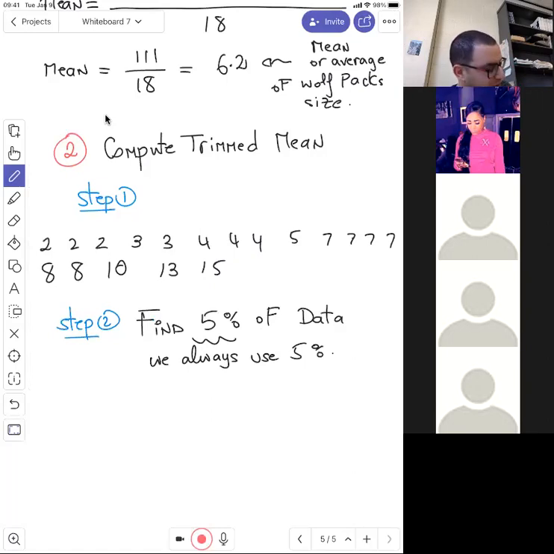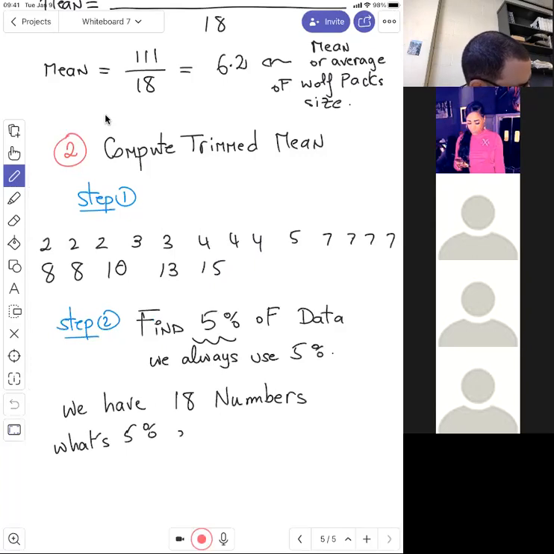So we have 18 numbers, or data values, right? So the question is, what will be 5% of the 18 numbers?